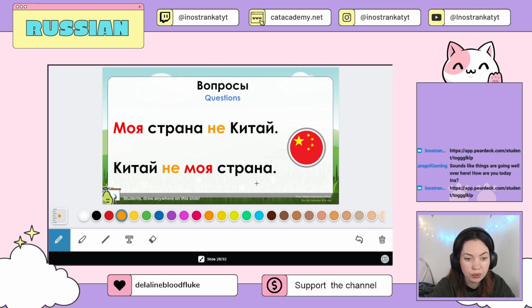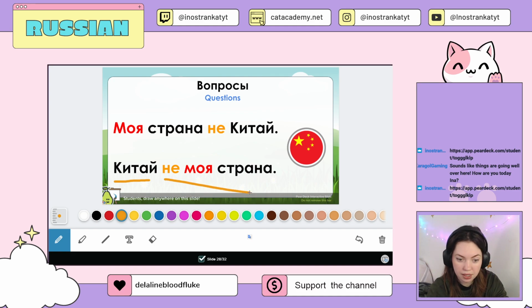Or we can just switch the order, like divide the sentence in halves, and we can switch them. And we can say Китай не моя страна. So in this case, let's write Китай не моя страна.